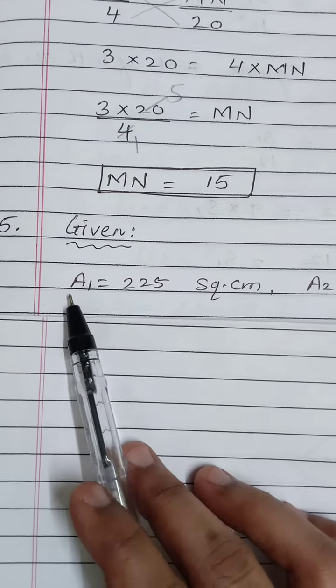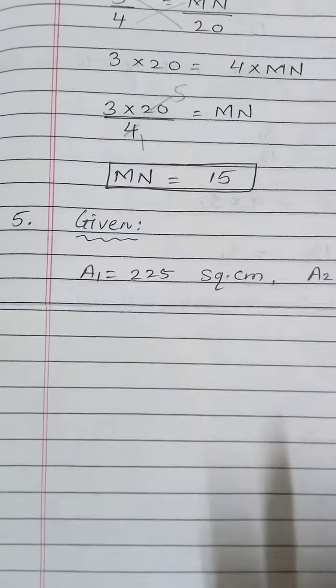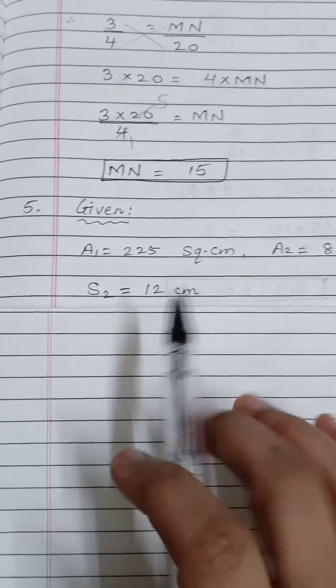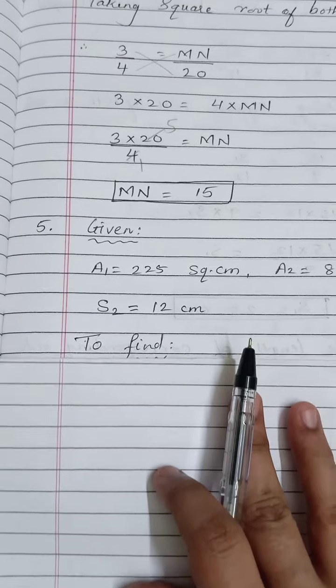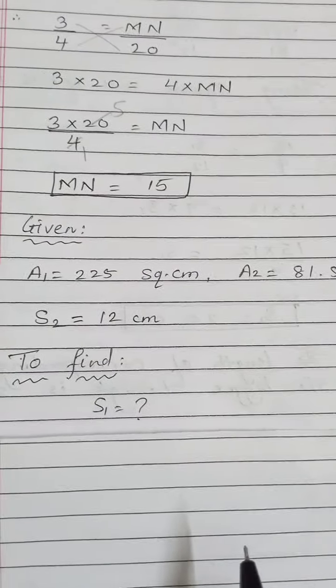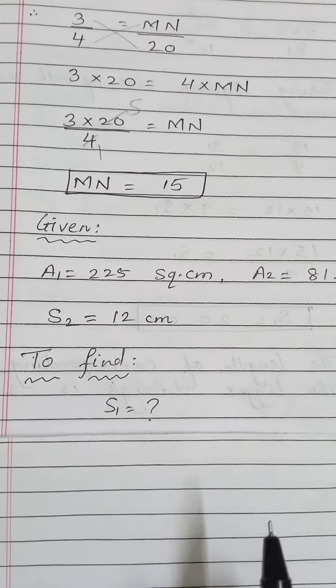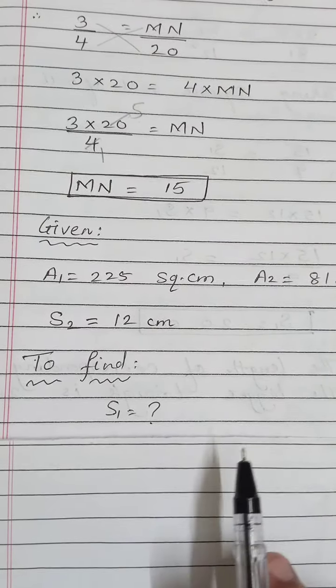We have to find the corresponding side of the bigger triangle, that means S1. So see here, S2 is 12 and we want to find the value of S1. So again we will use the theorem of areas of similar triangles, because the two triangles are already given as similar.